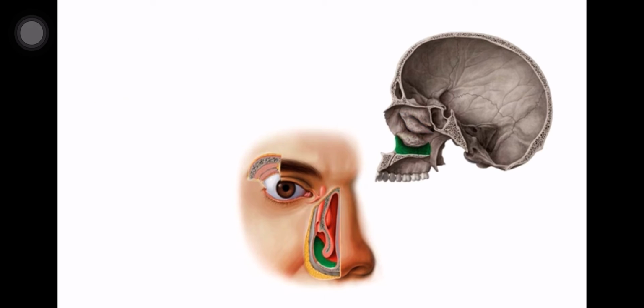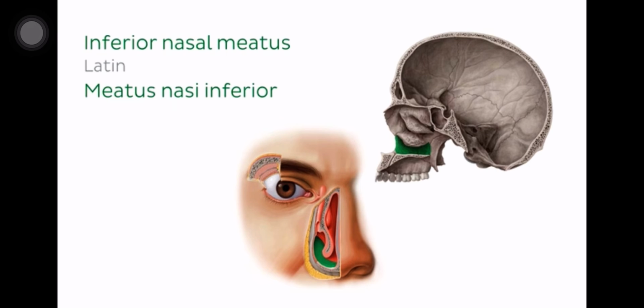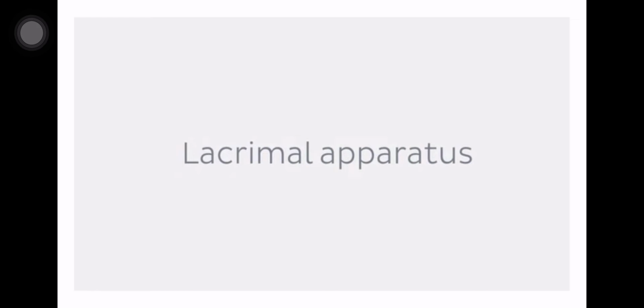The space beneath the inferior nasal concha is called the inferior nasal meatus. This is an important space in the lacrimal apparatus, serving as the end or drainage point of the system. Okay, so now that we've identified our bony landmarks, let's get to the lacrimal apparatus itself.